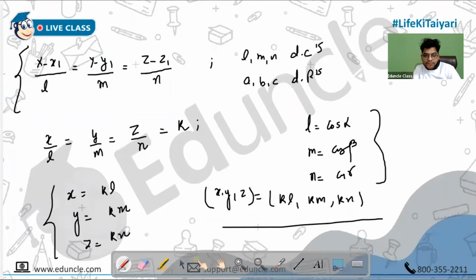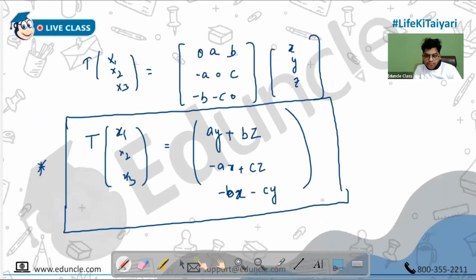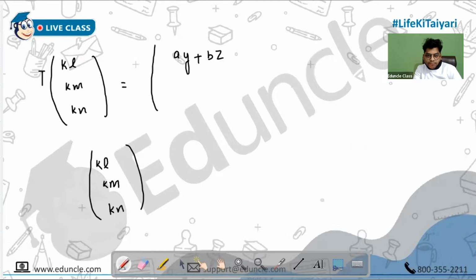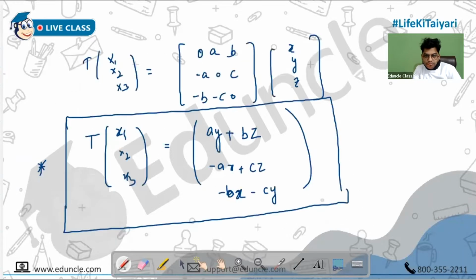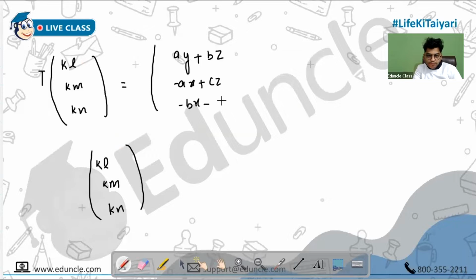The transformation gives ay plus bz, minus ax plus cz, minus bx minus cy.